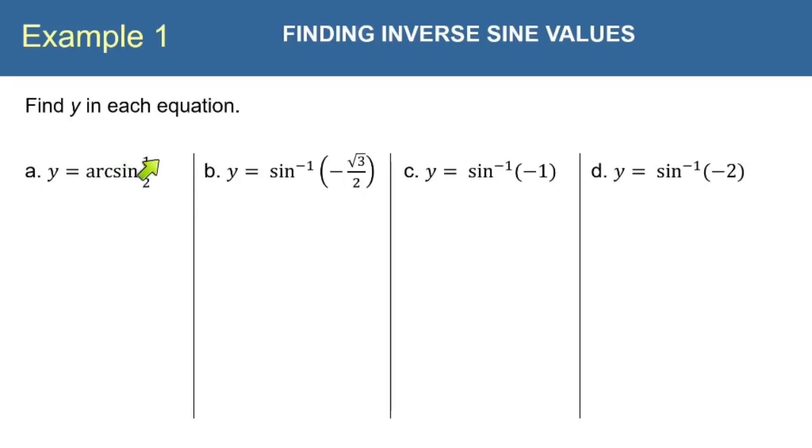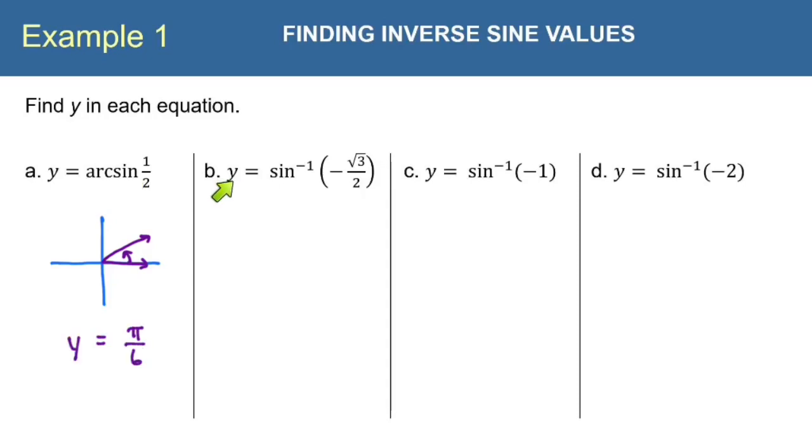Now because this sine value is positive, we know that the angle is going to be in quadrant 1. And this happens to be one of our memorized sine values. So we know that this sine value of 1/2 matches a reference angle of 30 degrees, and in radians that would be π/6. So y equals π/6 radians.